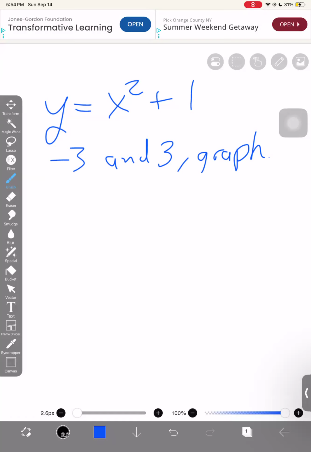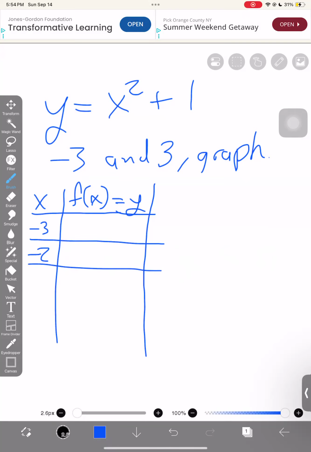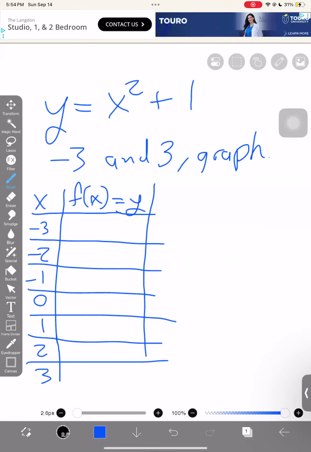So in this part, we get x, and we have f of x. This is also known as y, so they're interchangeable. And we're going to do this. We're going to get -3, -2, -1, 0, 1, 2, and 3.